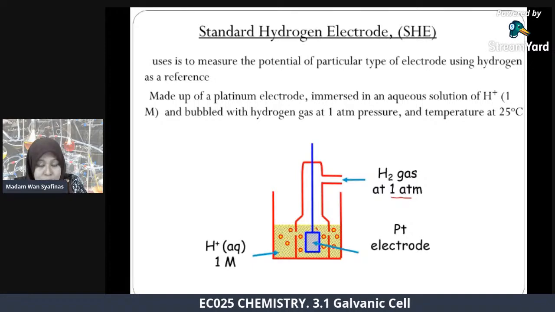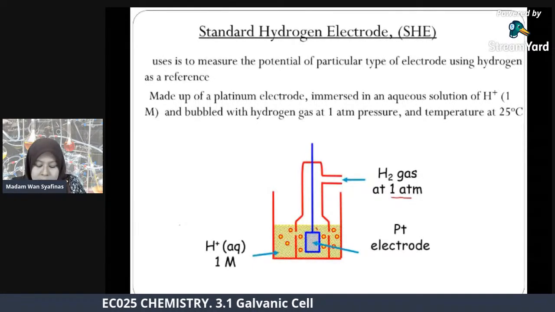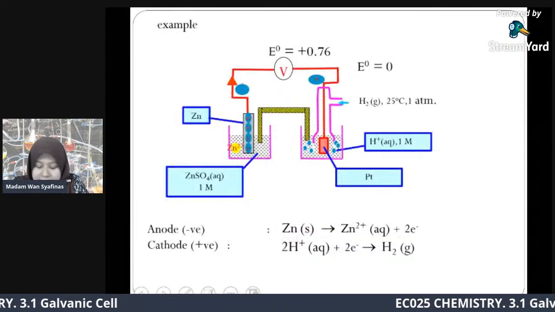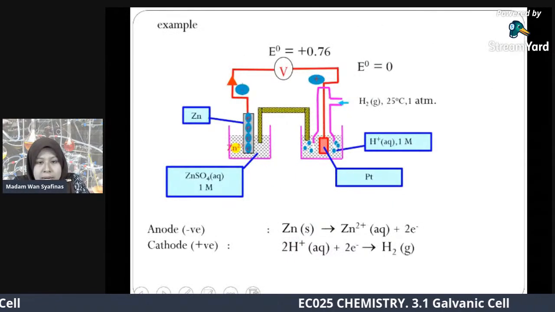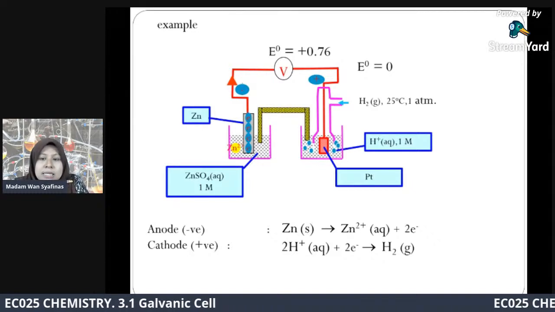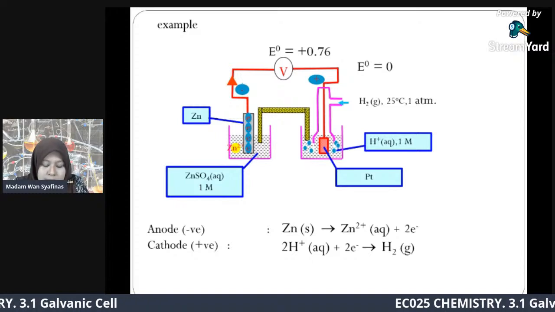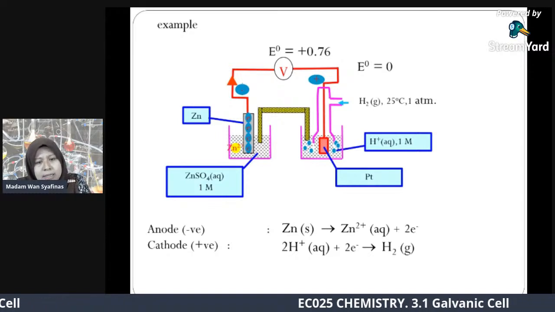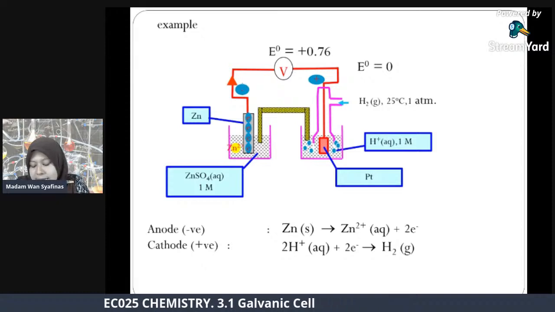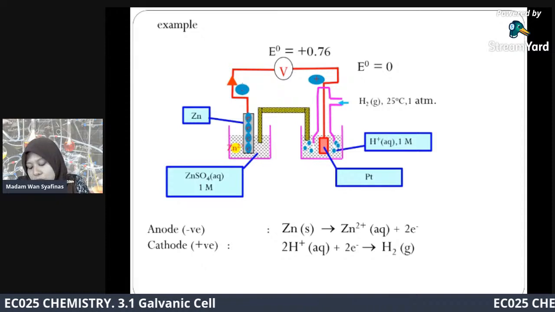Okay, so ni kita ada satu example. So macam mana kita nak tentukan? For example lah, here we have zinc electrode and kita comparekan dia dengan SHE. Okay, katakan kat sini kita tak tahu nilai zinc ni berapa, nilai E naught dia berapa. So jadi kalau kita tak tahu nilai E naught dia berapa, so kita akan connected dia dengan SHE. So yang sebelah kanan ni adalah SHE lah, standard hydrogen electrode.